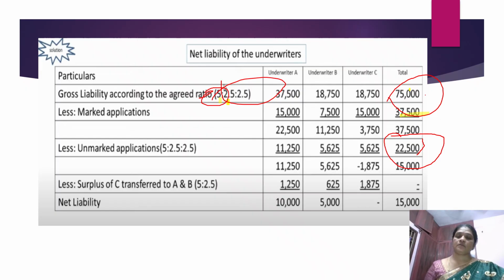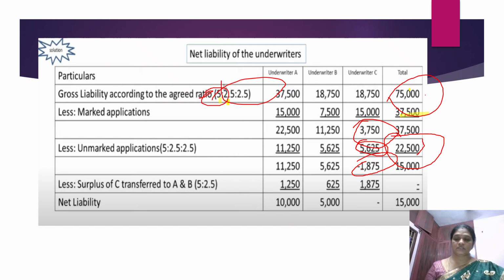So here, Underwriter C has 3,750, but from unmarked applications they get 5,625. So the maximum they can get is a surplus. That surplus of 1,875 is transferred to the remaining underwriters, A and B, according to their ratios.